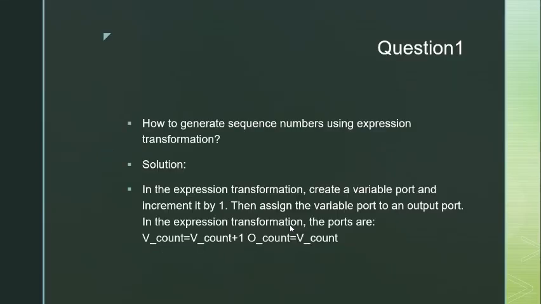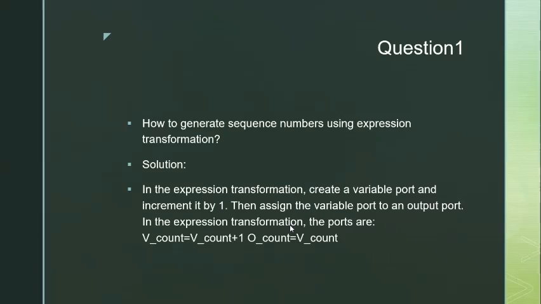So the first question is a scenario: how to generate a sequence number using the expression transformation. The expression transformation in PowerCenter is used for calculations, whatever calculation is required.